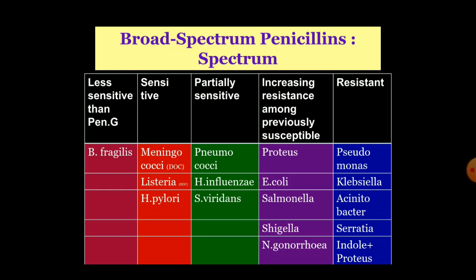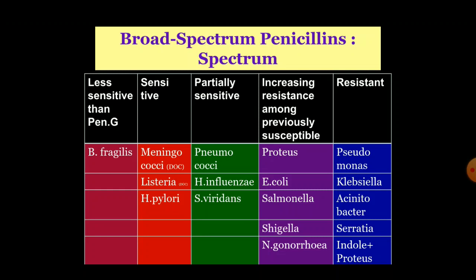So these penicillins should be termed extended spectrum penicillins, or wider spectrum penicillins, rather than broad spectrum penicillins. Now when we compare them with penicillin G, that means benzyl penicillin, we see that they are less sensitive towards B. fragilis. They are more sensitive towards meningococci, Neisseria meningitidis, Listeria and H. pylori.